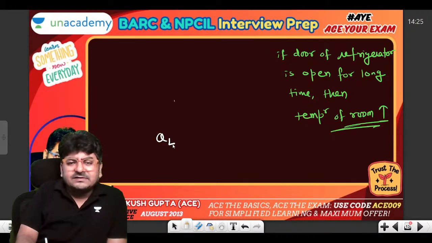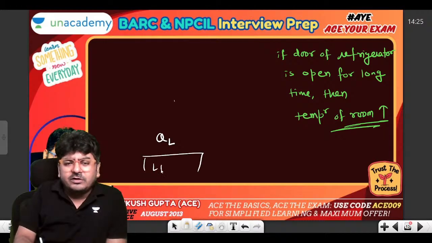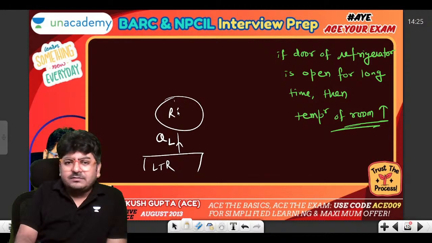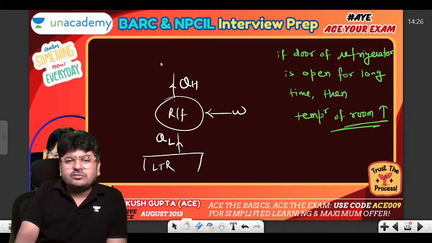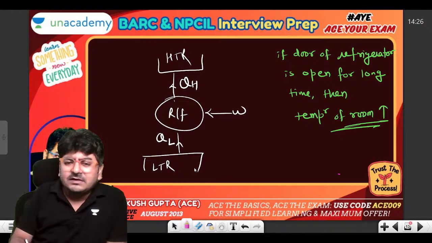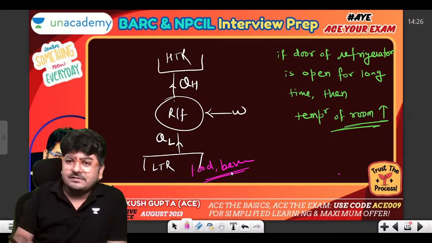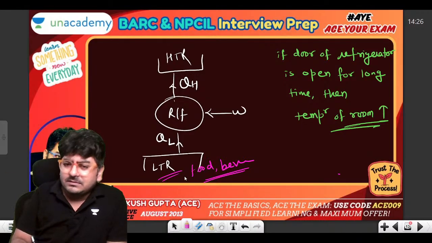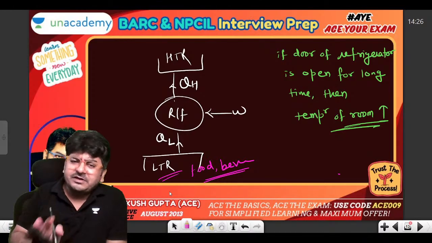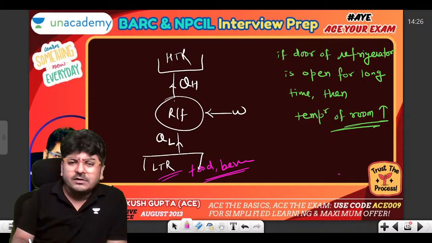The whole idea is, see, QL is coming from the low temperature body through the refrigerator. You know all this machine and all. Some work is done, and QH is rejected to the high temperature body. So in case of refrigerators, the food items, the beverages, and all those things present in the refrigerator are the low temperature region, because we want to keep the temperature inside the refrigerator as low as possible, to preserve the food and all those items.